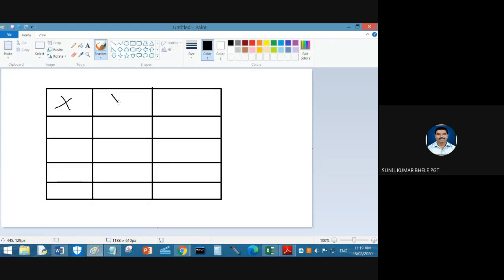Suppose the input is in the form of X and Y, and output is represented by F: 0 0, 0 1, 1 0, and 1 1.